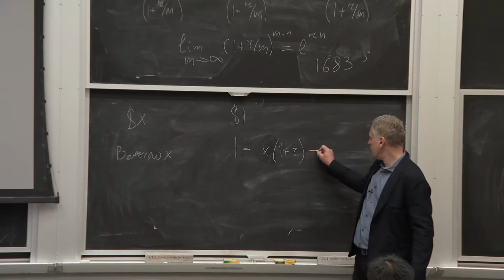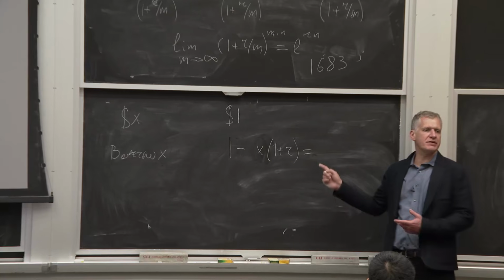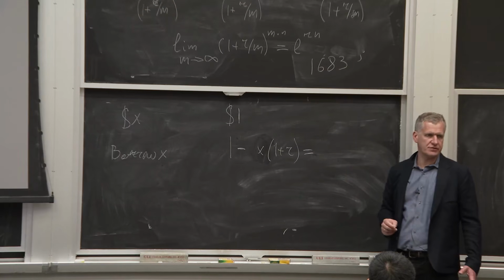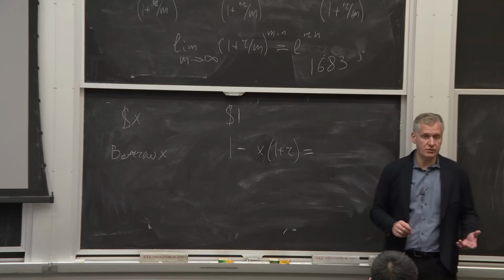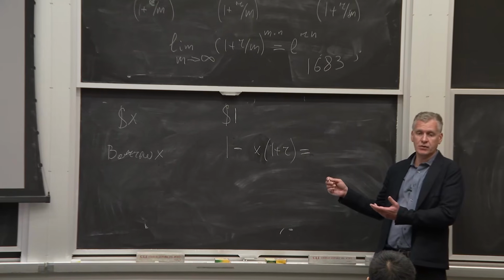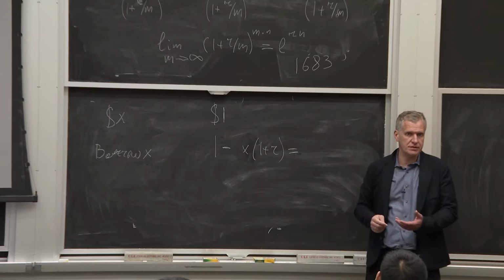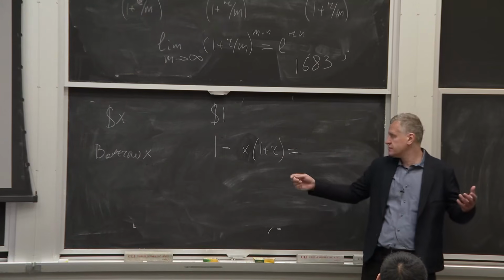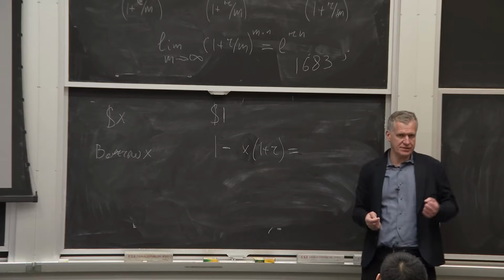Now, what should this difference be? Can it be greater than 0? Well, if it's greater than 0, why wouldn't we borrow and buy a right to receive $1 billion? Then we'll have a lot of profit. Can it be less than 0?